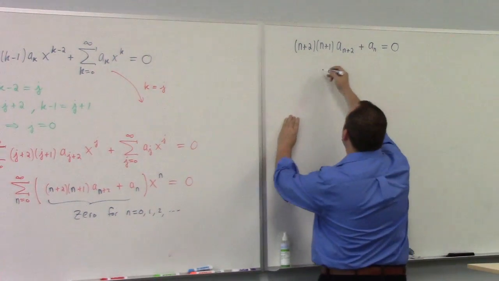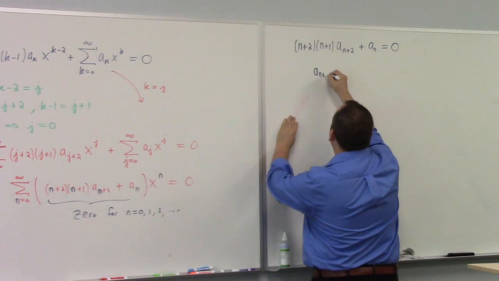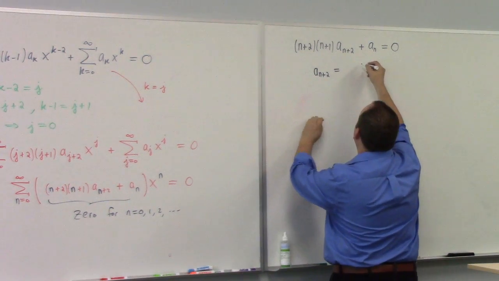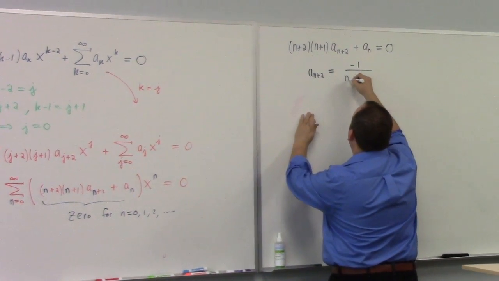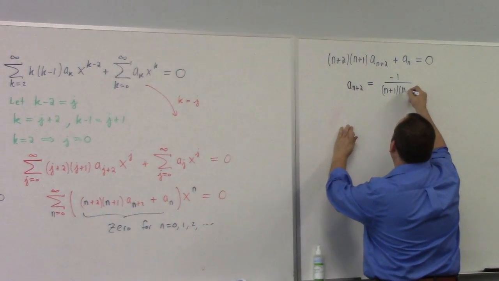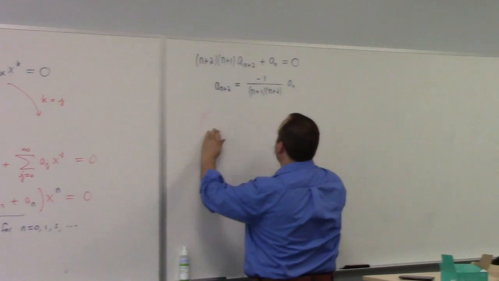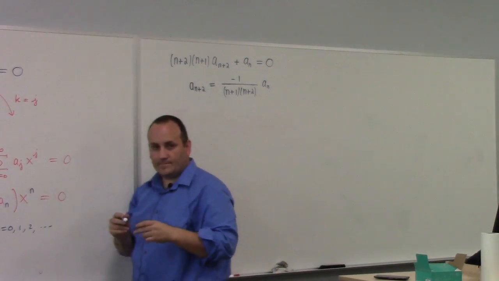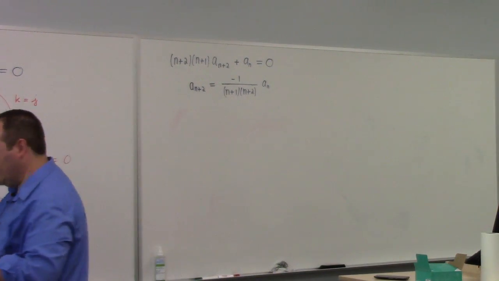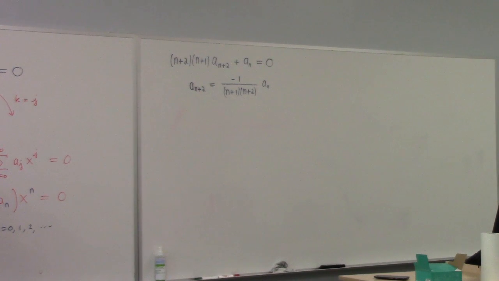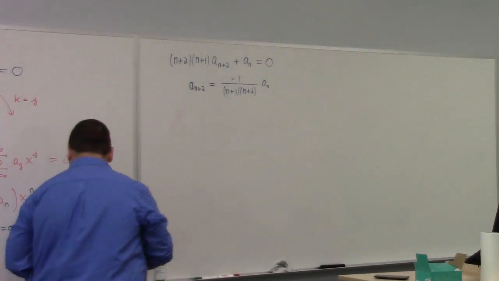And I would repackage this as a sub n plus 2 is equal to minus 1 over (n plus 1)(n plus 2) times a sub n, because it's easier for me to think about it like that. And so you see I can just start down the chain both ways.